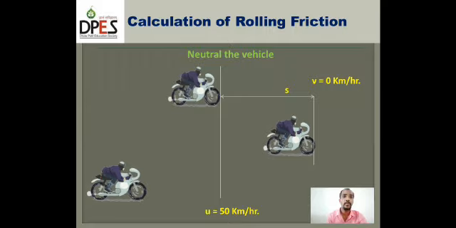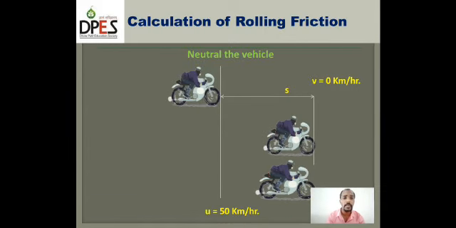When your bike comes to rest after covering some distance, the final velocity becomes v equal to 0 kilometers per hour. So you have the initial velocity and the final velocity. Again, you measure the displacement, the distance covered by the vehicle from initial position to final position. That displacement is denoted by small s.